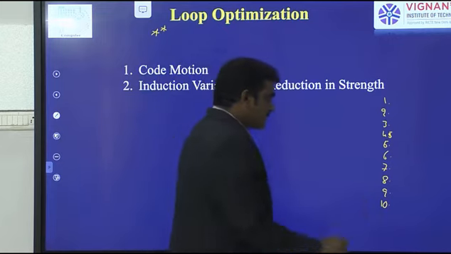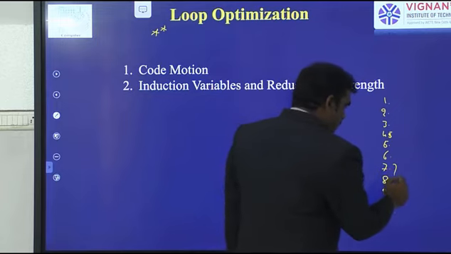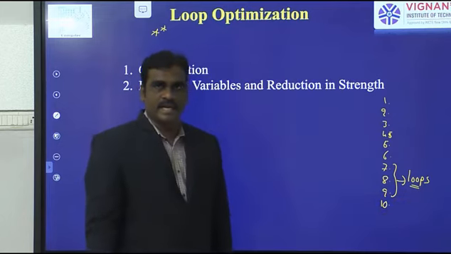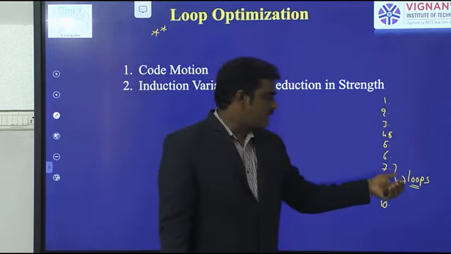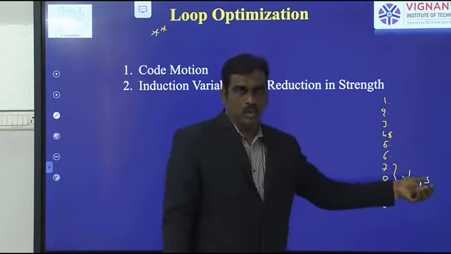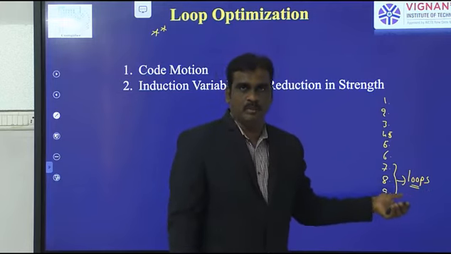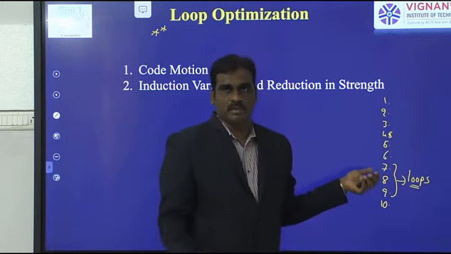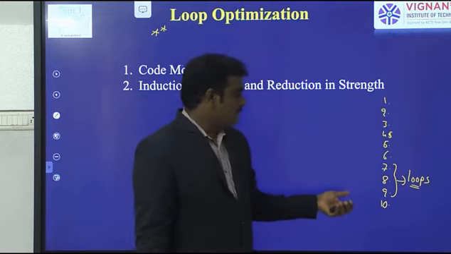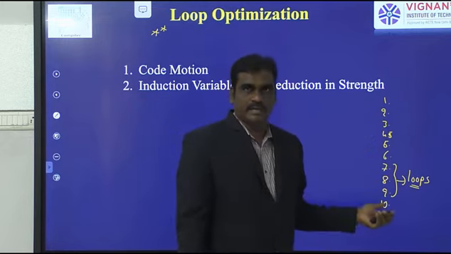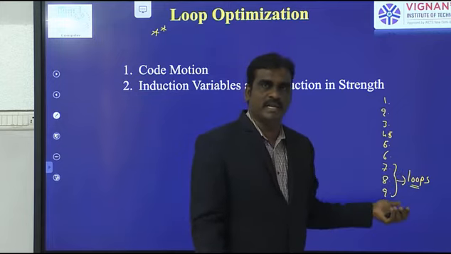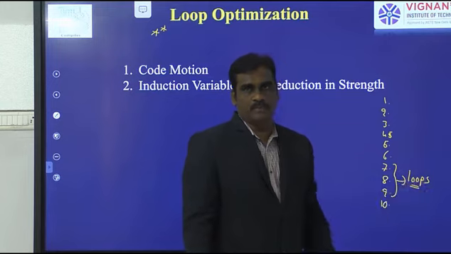Out of these 10 lines, only 3 lines, like 7, 8, 9, are related to a loop. The remaining 7 lines are a normal program.